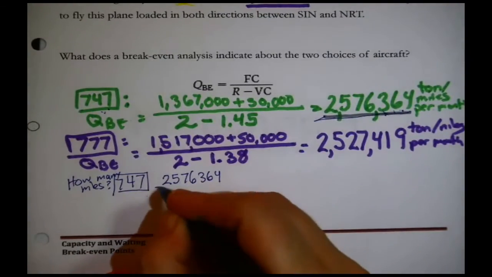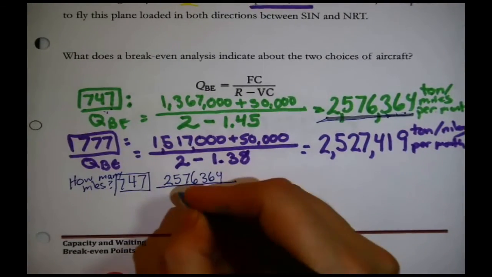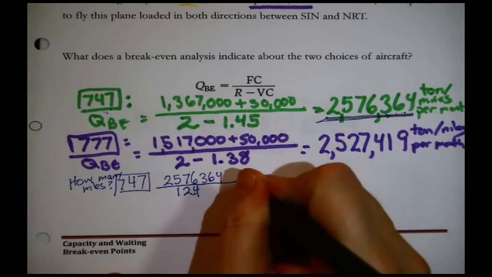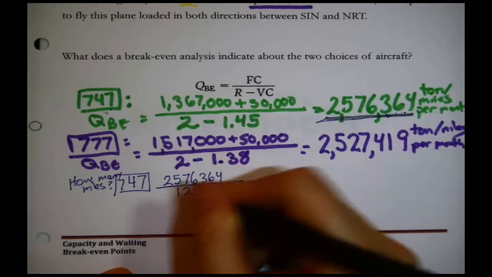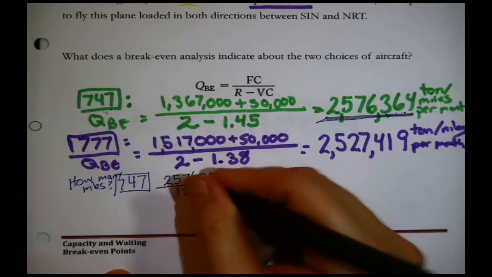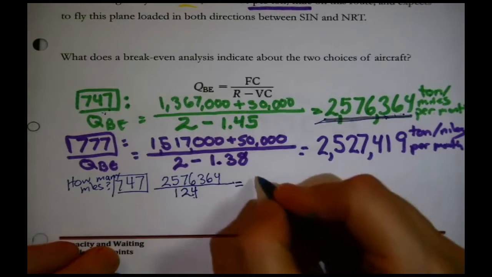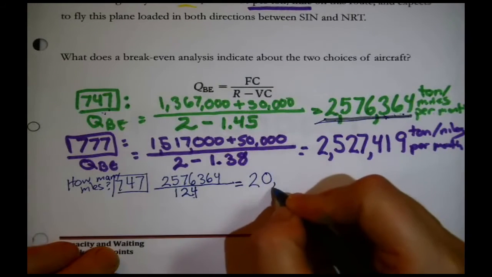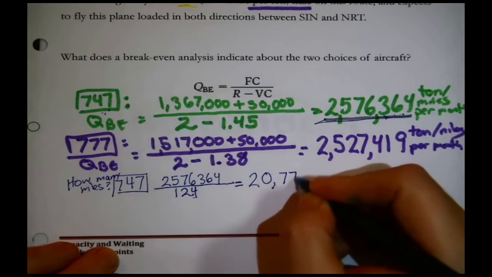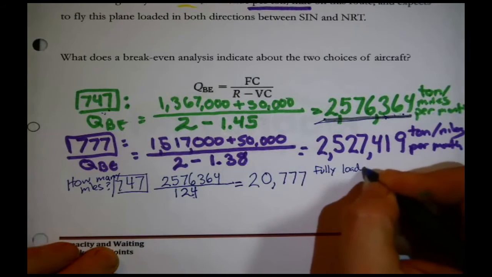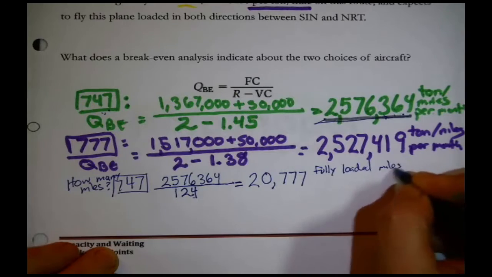So if you want to convert the ton miles, assuming they're loading it full when they fly it, you just divide that 124 into that original great big number, and you reveal that they need to fly it over 20,000 fully loaded miles a month.